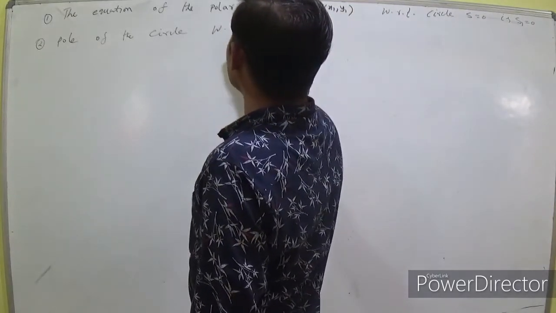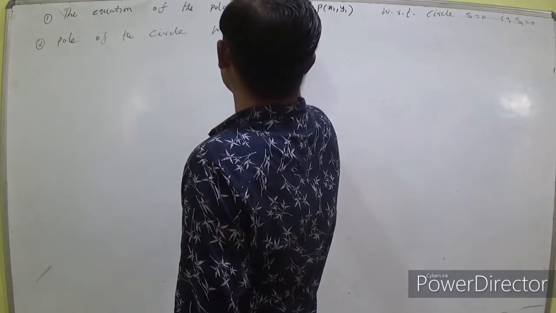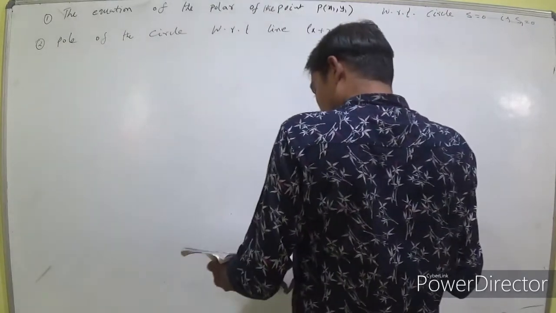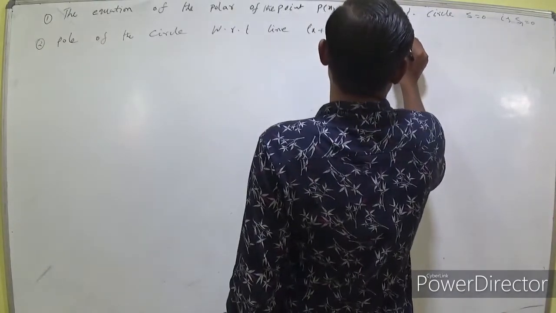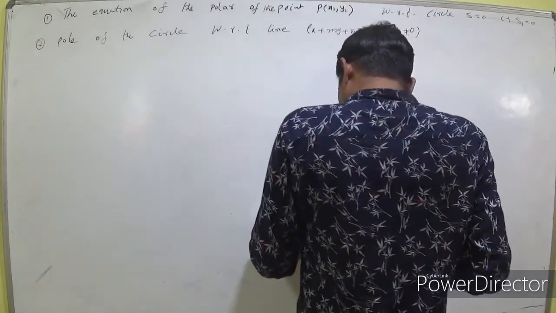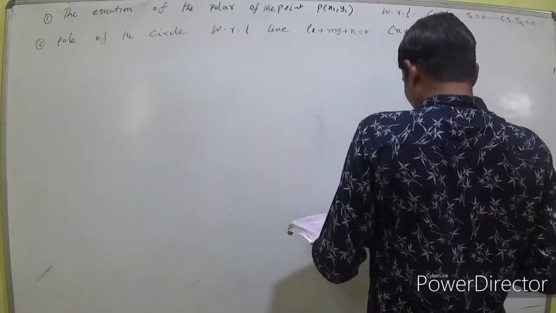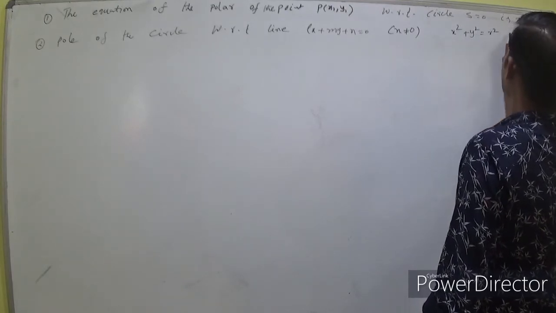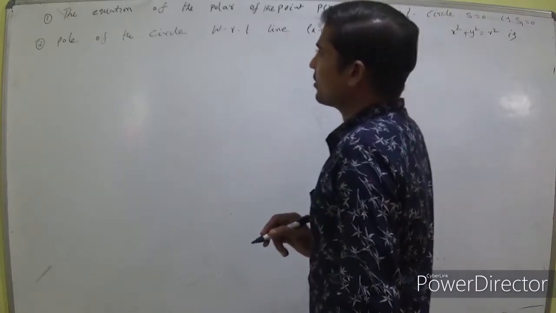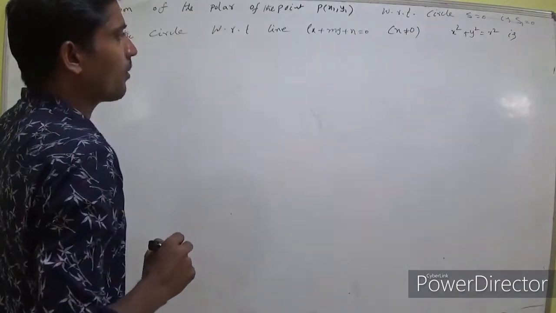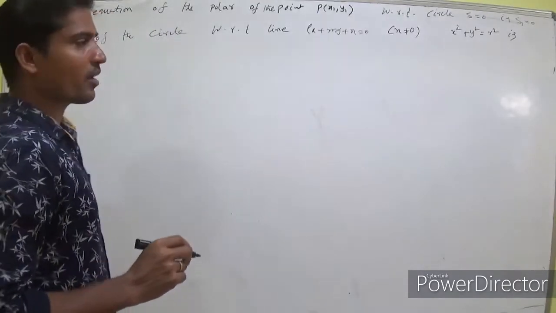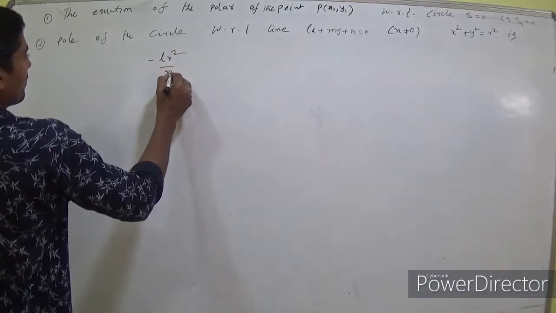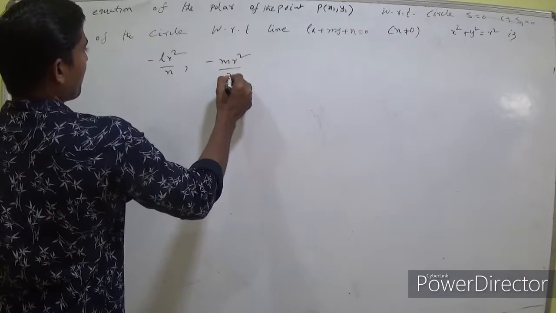With respect to the line lx plus my plus n equal to 0, where n not equal to 0, with respect to the circle x square plus y square is equal to r square is minus lr square by n comma minus mr square by n.